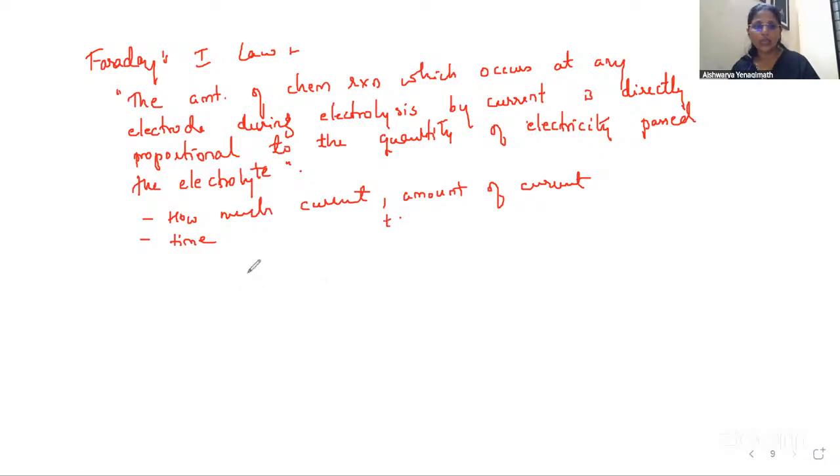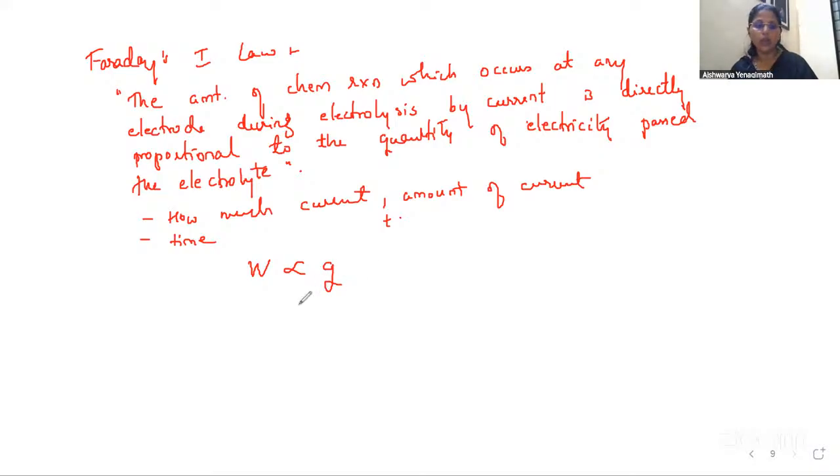So if I denote the amount of metal getting deposited on the cathode by W, it is directly proportional to Q. What is Q? It is charge.